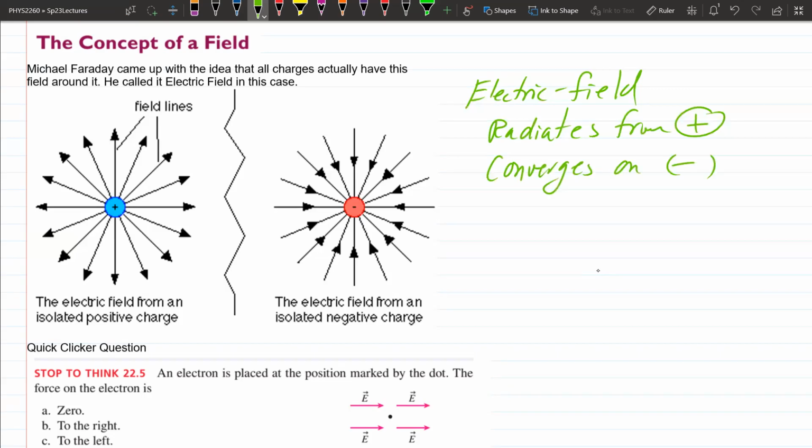That's the English description of these two diagrams. When you think about a positive charge, think about it having all these rays of electric field emanating from it. If you have a negative charge, all of these rays of electric field go towards it. That's the picture you want in your head when we start working with electric field.